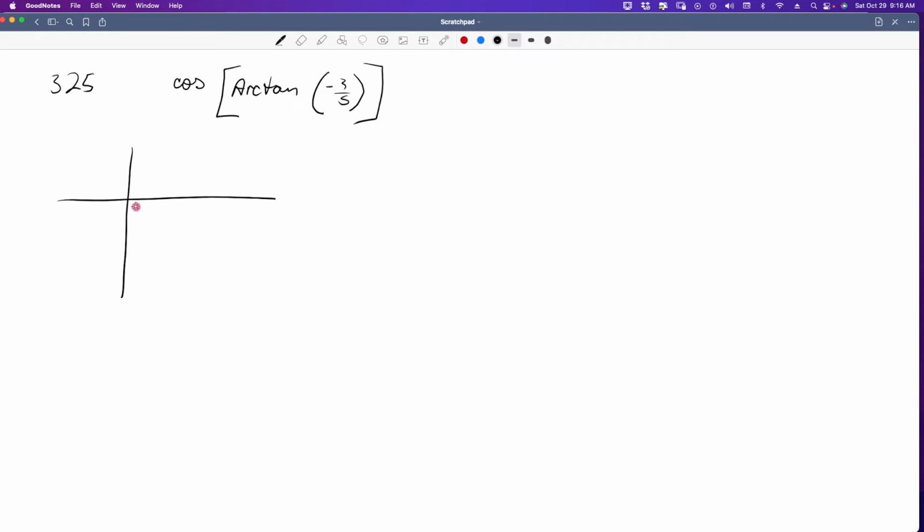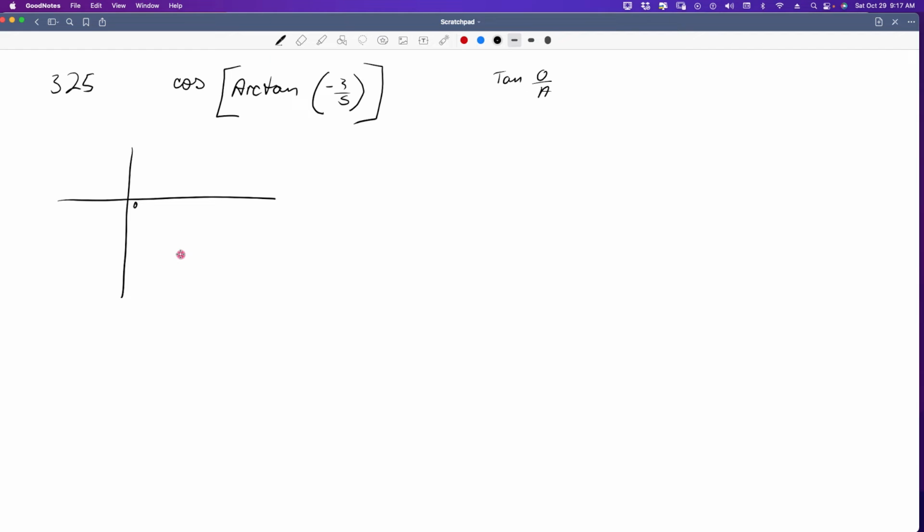So we are going to approximate. This is -3, so it's going to be down 3, right? Yes, it's going to be down 3 because tangent is opposite over adjacent. If this is our degree of measure, then the opposite is -3.